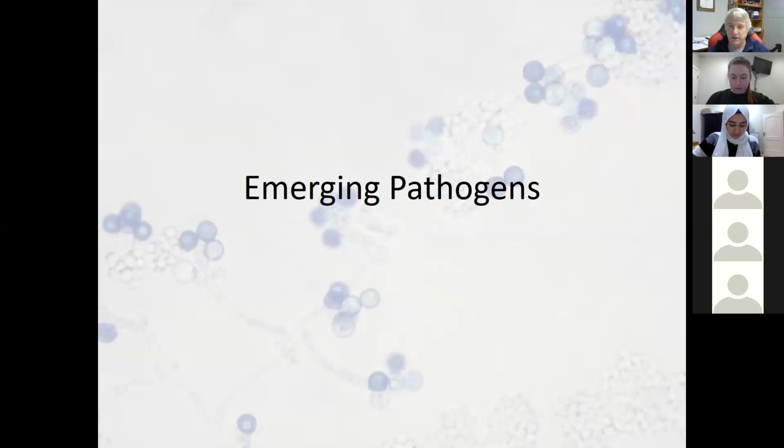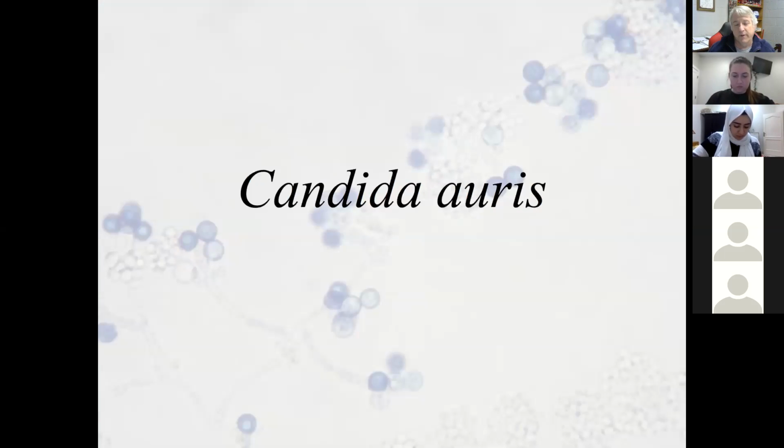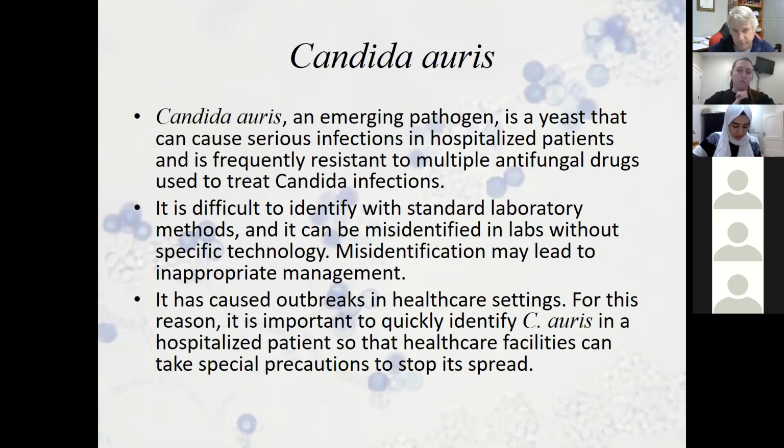And then finally, to kind of leave you with emerging pathogens here at the end. Some that we may not have heard of yet, and Candida auris. Emerging pathogen, yeast that can cause serious infection. Hospitalized patient, frequently resistant to multiple antifungal drugs.